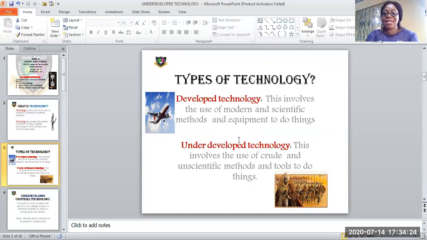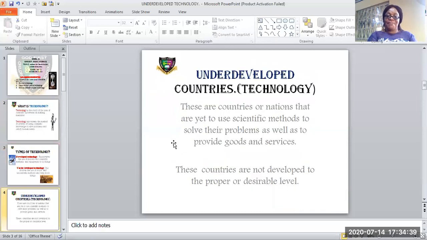Underdeveloped technology involves the use of crude and unscientific methods to do things. So underdeveloped countries, what do we have?